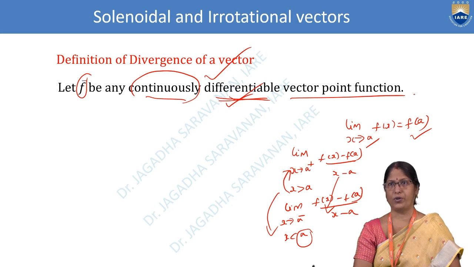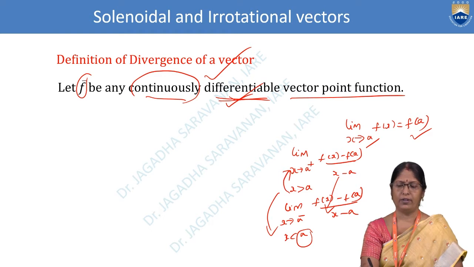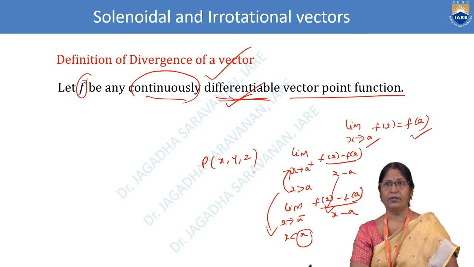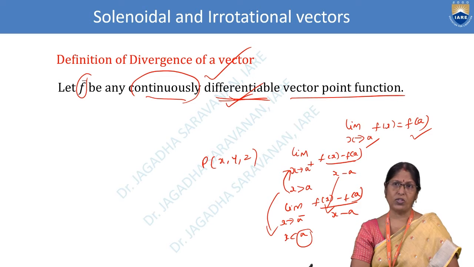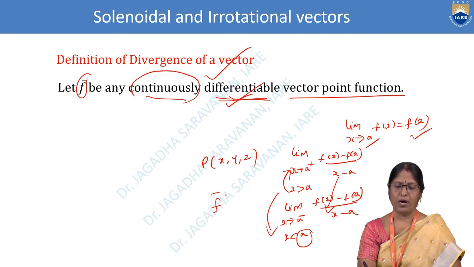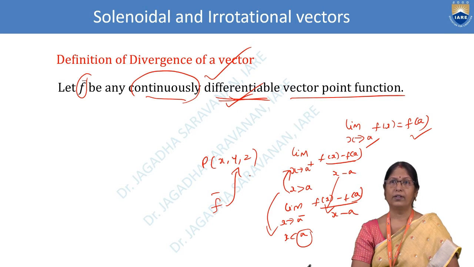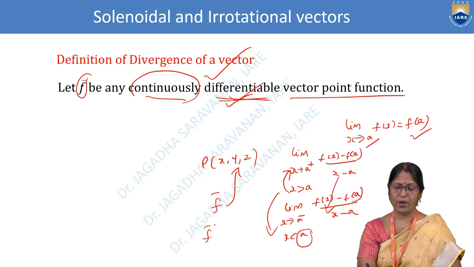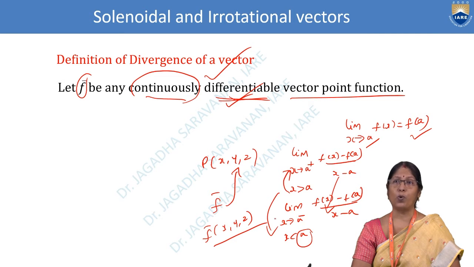Vector point function: if to each point p of x, y, z in three dimensions, we associate some vector f bar, then f bar of x, y, z is nothing but a vector point function.